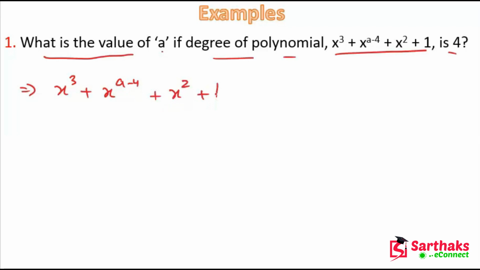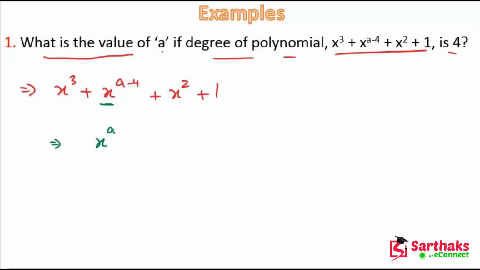We know that the degree of the polynomial is the highest power of x in p of x. There is no other term with power 4, so the term x raised to power a minus 4 should be equal to x raised to power 4.